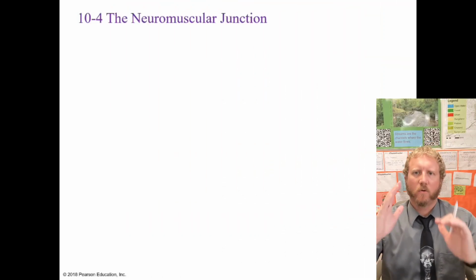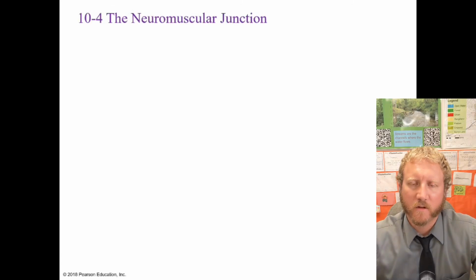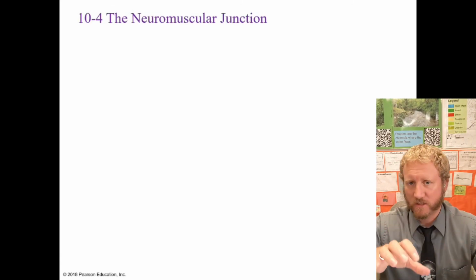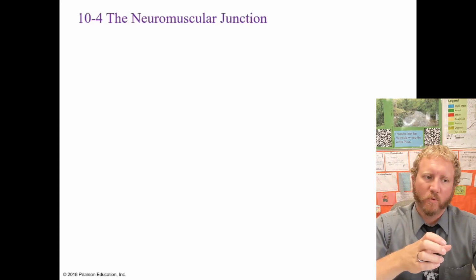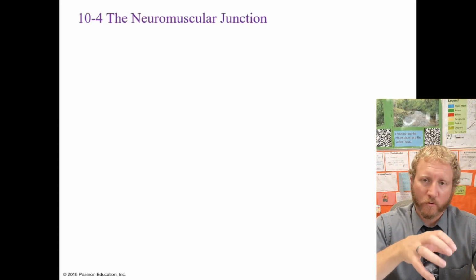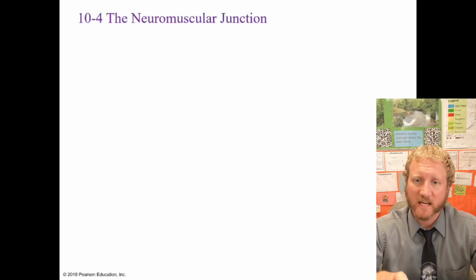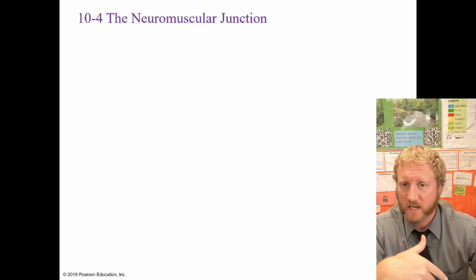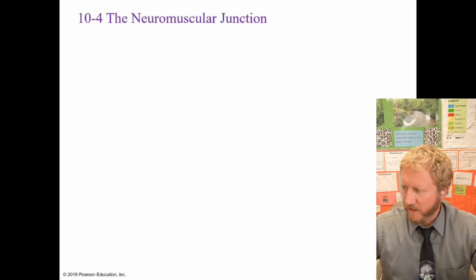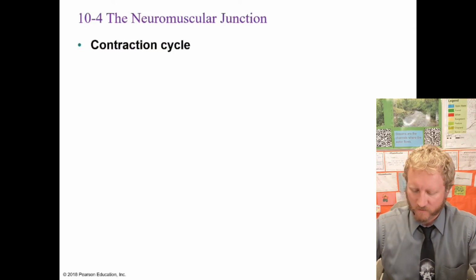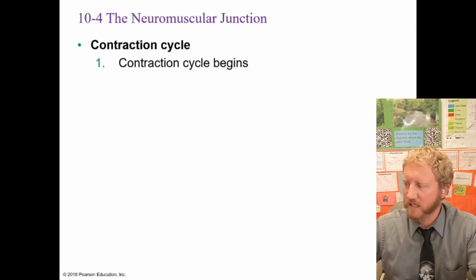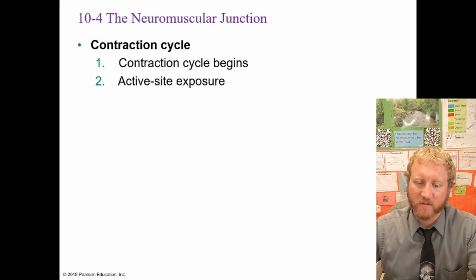Okay, so once we have sent the electrical signal down the neuron, we have moved into the muscle cell, and we have started that contraction cycle that I just mentioned. Now we get into the actual cycle. The cycle begins with active site exposure.